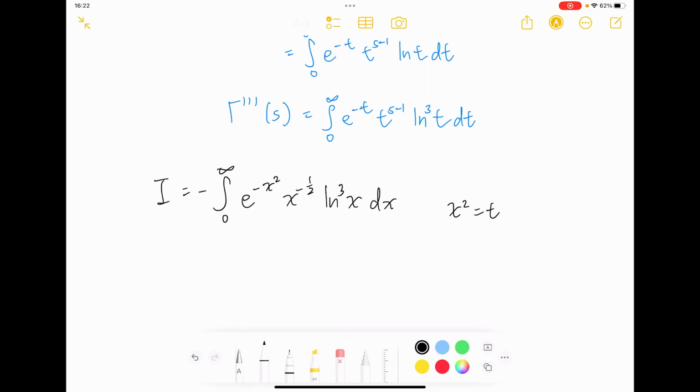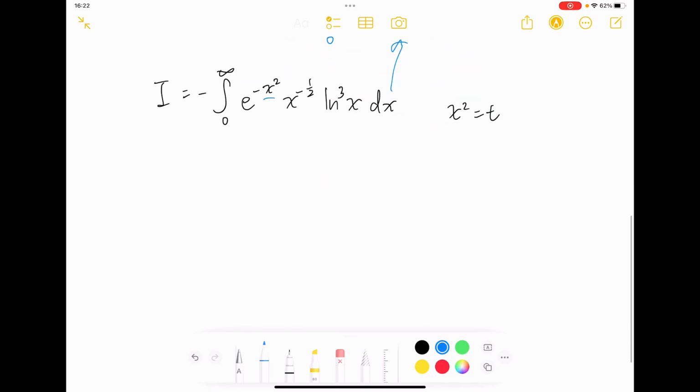Why? Because comparing this and this, that will allow us to get it into this form right here. So if we do x squared equals t, that means 2x dx is dt, of course, and x will be t to the half.